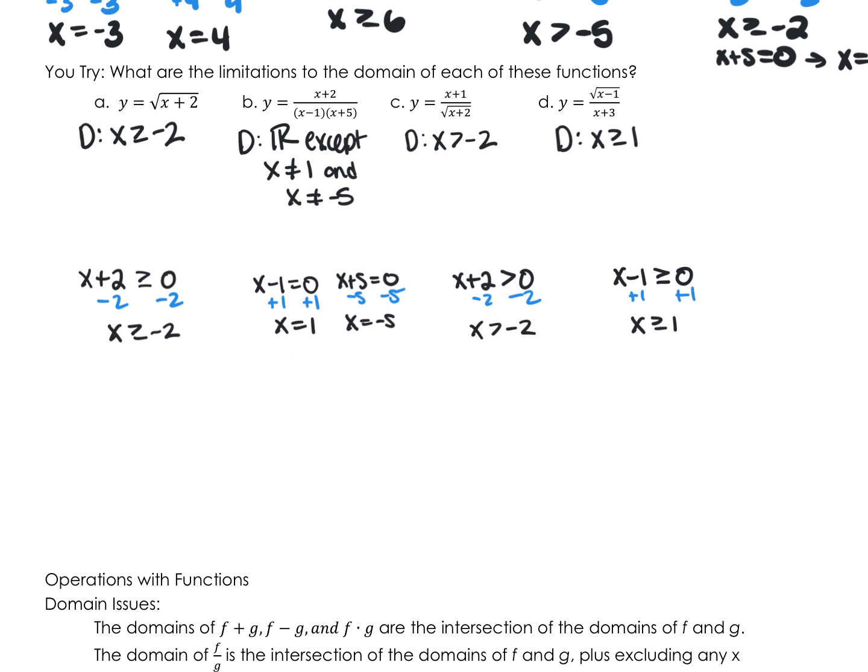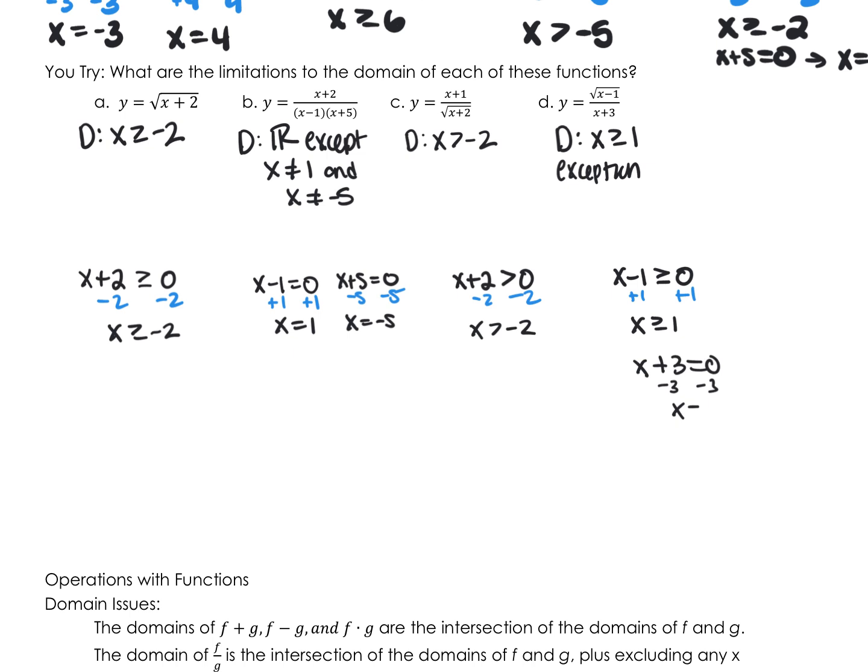But then we also have a denominator. So do I need to find an exception here? Yes, because x plus 3 is in the bottom. So here I will have an exception. So I'll set x plus 3 equal to 0. Subtract 3, and you'll get x equals negative 3.